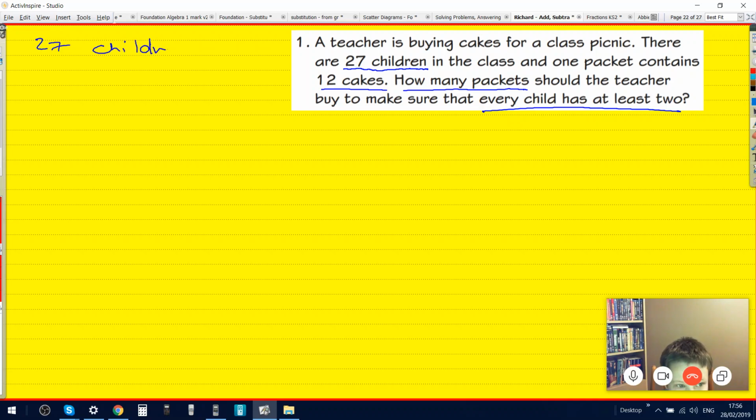How many cakes? Um, 30. What if each child had 1 cake each? How many cakes would you need? 27. So if they had 2 cakes each, what do you do? You would double 27. Yes.